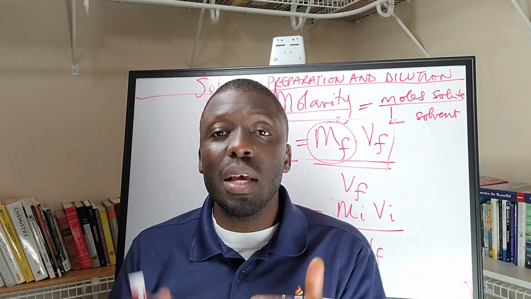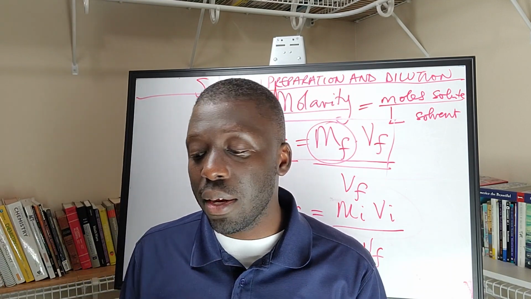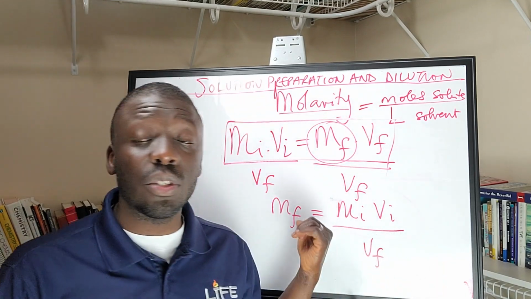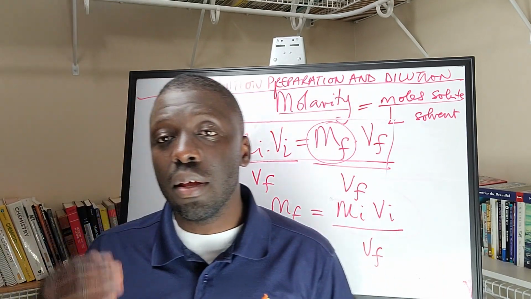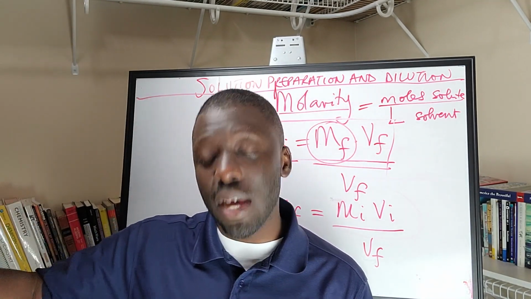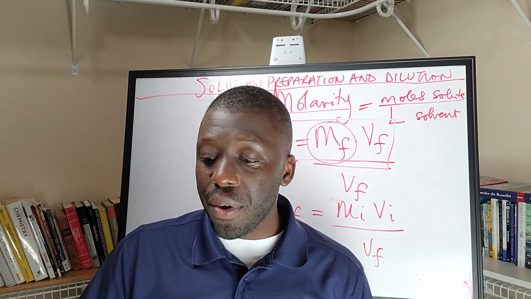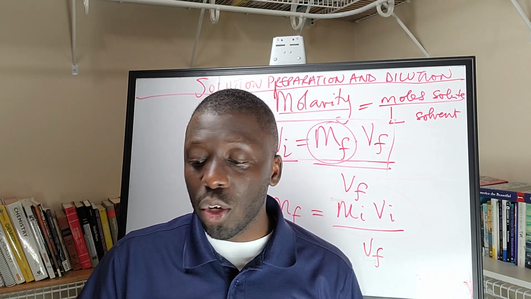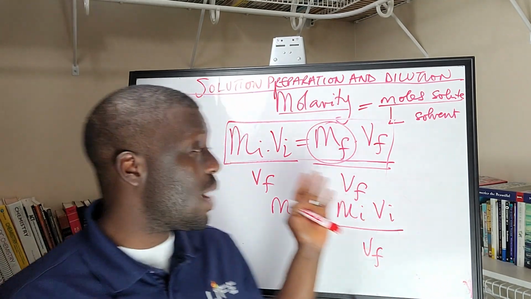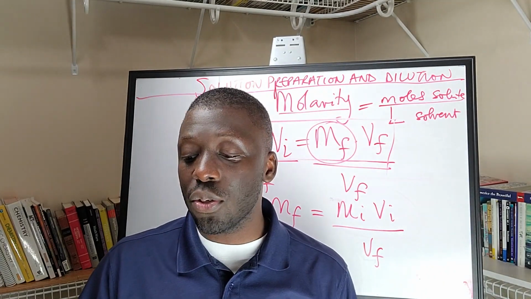The question becomes, how much water should I add so that my final concentration is 0.1 molar HCl? These are the times where you would use the initial concentration times the initial volume equals the final concentration times the final volume. There are more examples we can look at, with different initial volumes. Again, you can solve for any one of these by dividing by the thing you don't need.